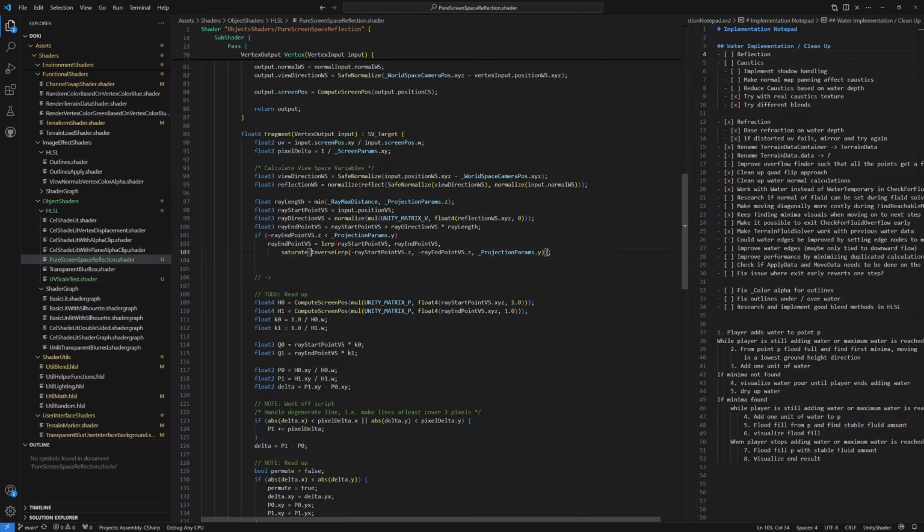I'm wondering here, in most cases, or pretty much always, we're gonna get a ray endpoint that is way outside of the screen. Shouldn't we want to quit based on that?